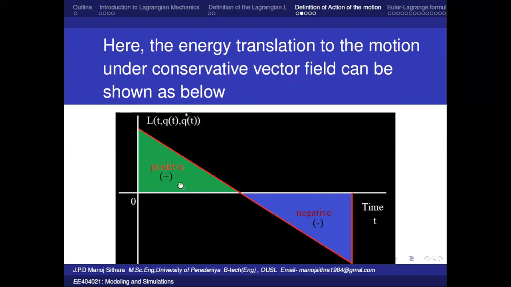That means under the gravitational motion, right? So this will be positive at the beginning if we throw a stone towards the sky, right? And eventually it will reach the maximum point, and there will be no kinetic energy at all, right?